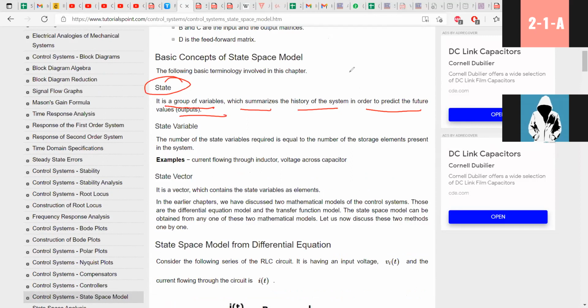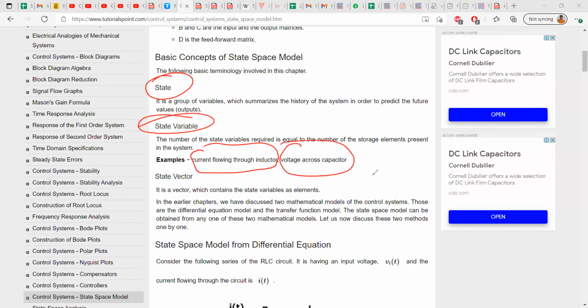The variables are called state variables. For example, in an electrical system, the state variables are the current flowing through the inductor and the voltage across the capacitor. This is for example only.